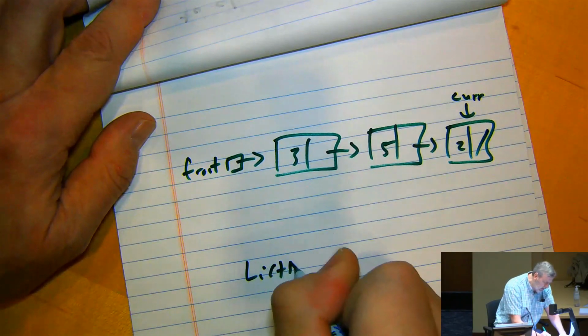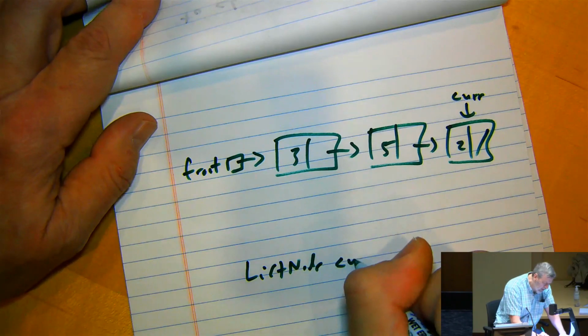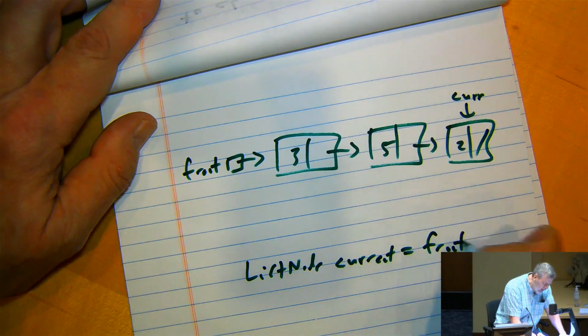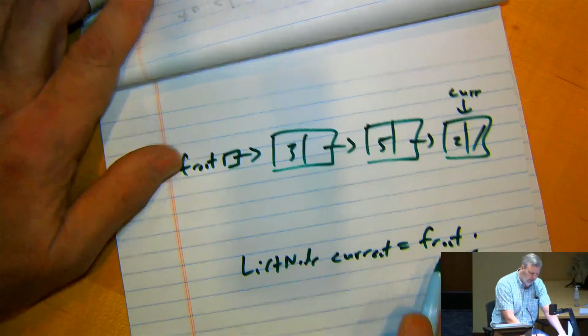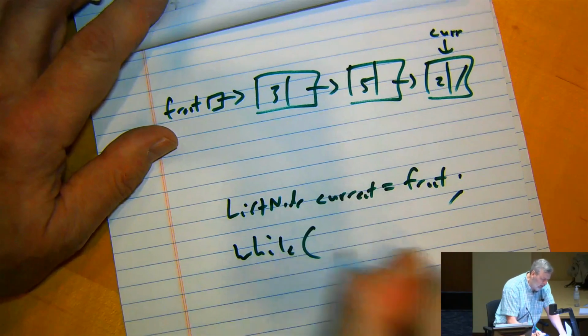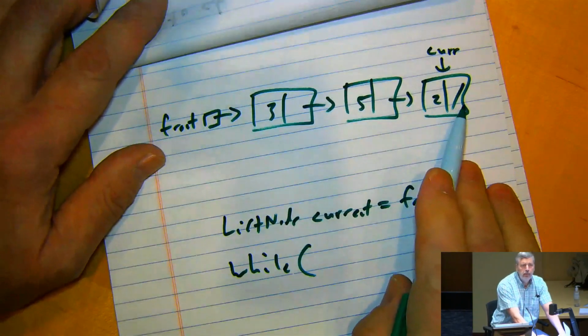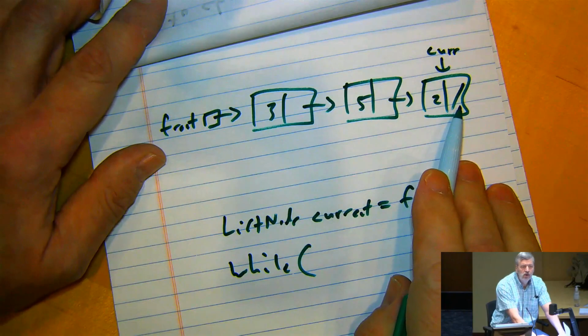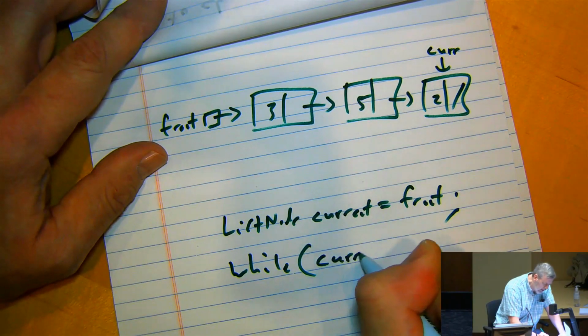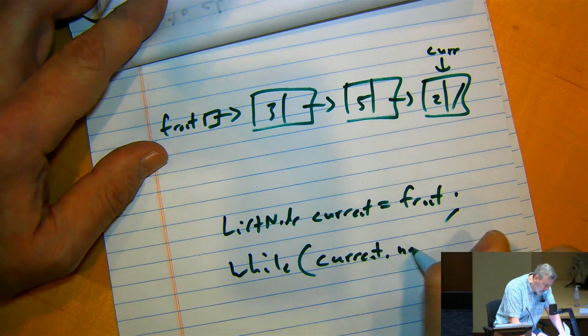Well, I begin: list node current is assigned to front. That's the only choice we have given the way that I've decided to have us implement it. We're not keeping track of the back of the list as a separate thing, but we'll change our while loop test. There's a special property that this node has that no other node has. And that property is that current.next is null.